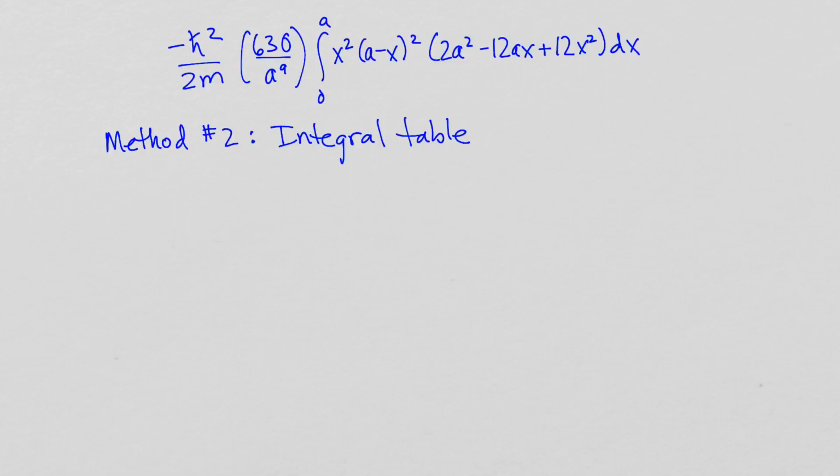Okay, so if you have access to an integral table, what you'll want to do is to see if you can find an integral that matches up the form of this function. Okay, so you could, again, leave this factored and combine them. Your exponents will change. I'm just going to leave this evaluated. You can evaluate those integrals pretty easily.